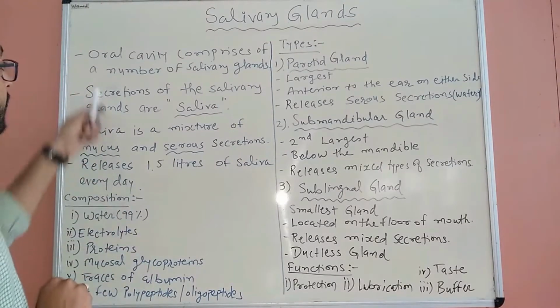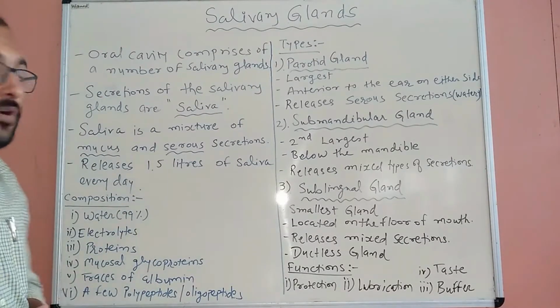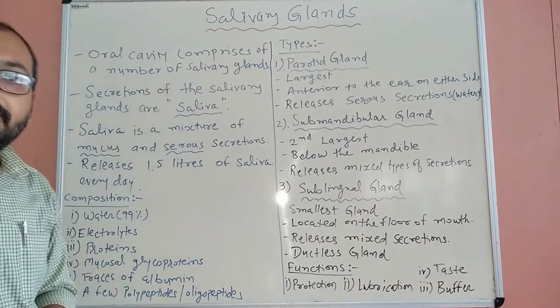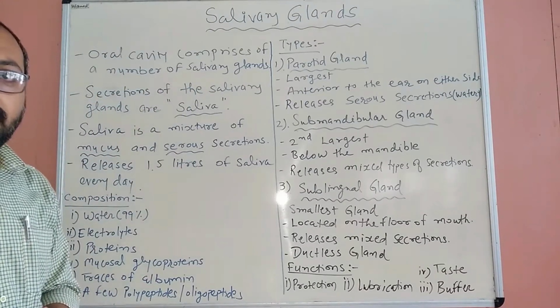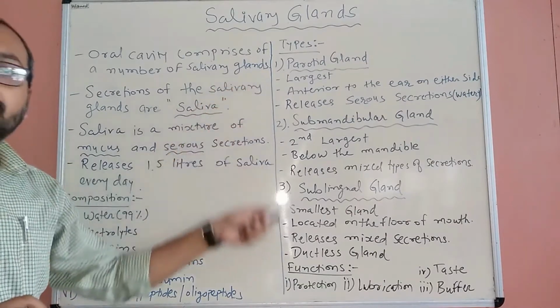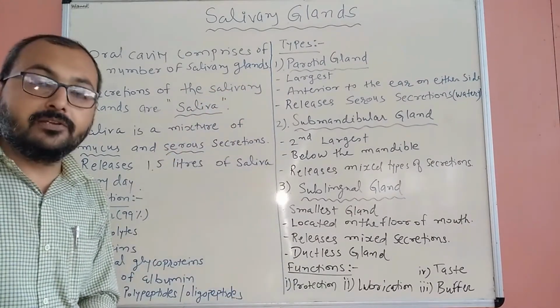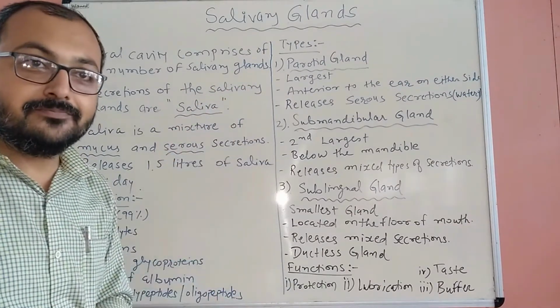So the oral cavity comprises a number of salivary glands, which we can divide into major and minor salivary glands.